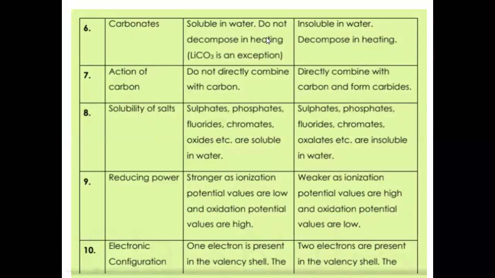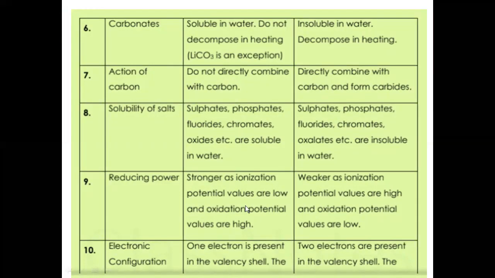Carbonates of alkali metals are soluble in water. They do not decompose on heating, while those of the alkaline earth metals are insoluble in water and decompose on heating. Action on carbon: alkali metals do not directly combine with carbon. Alkaline earth metals directly combine with carbon and form carbides. Salt solubility: sulfate, phosphate, fluoride, chromate and oxide salts of alkali metals are soluble in water, while the salts of alkaline earth metals are insoluble in water.